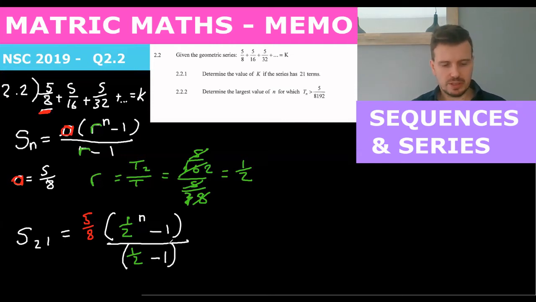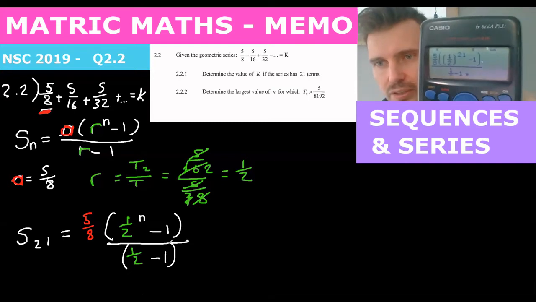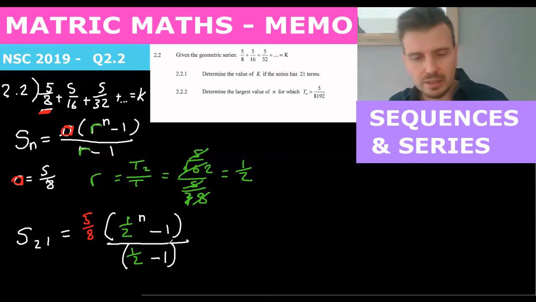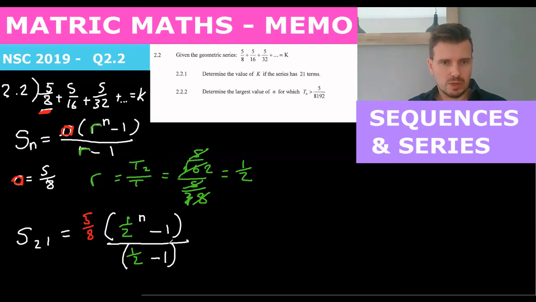We just put that into our calculator. This 21 here, we put n as 21. And we get 1,25.